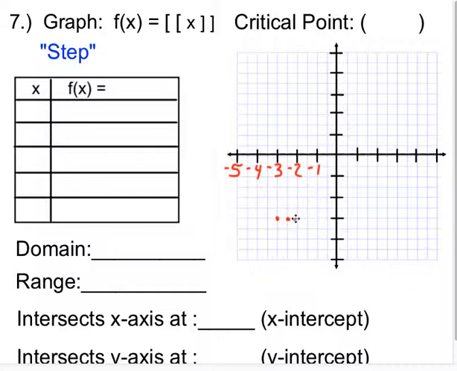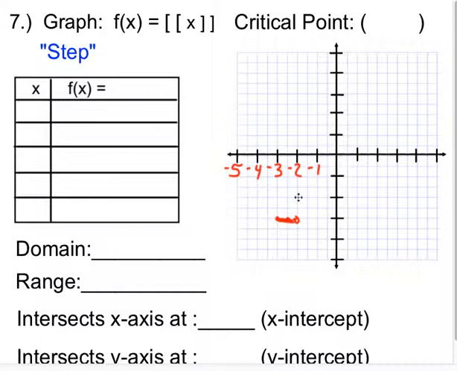And thinking about what the graph looks like so far, what happens is that we've got an open circle at negative 2 because anything just slightly smaller than negative 2 will round down. But negative 2, of course, will give us a value of negative 2. So we have a line or a step along that integer distance.